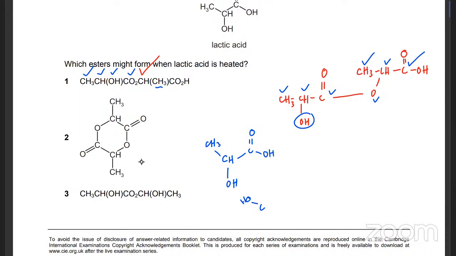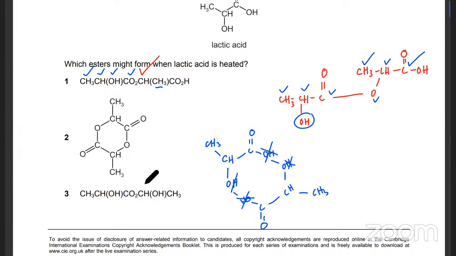It would be just flipped around. It will have a CH with a CH3 branch and an OH on this side. So the carboxylic acid OH and the alcohol H are lost, and they will connect in this middle part over here. So it's going to be the exact same thing, the ester bond with the oxygen connected, so it's exactly the same.